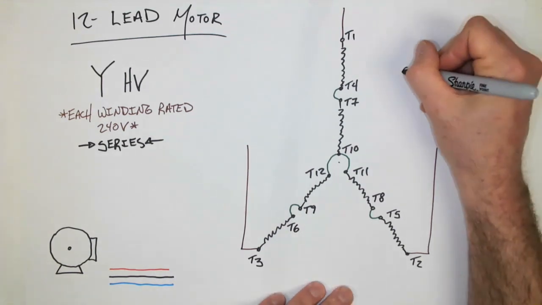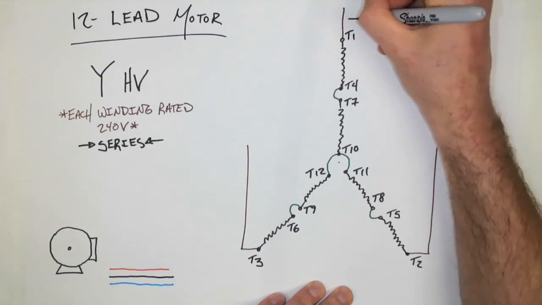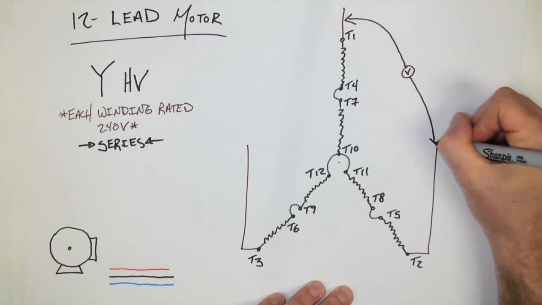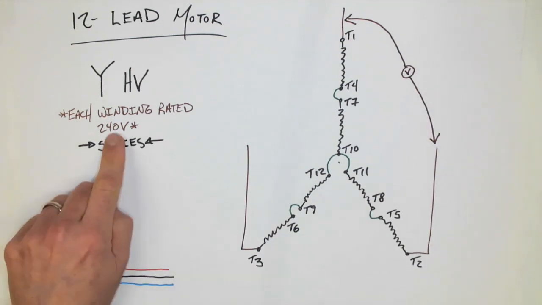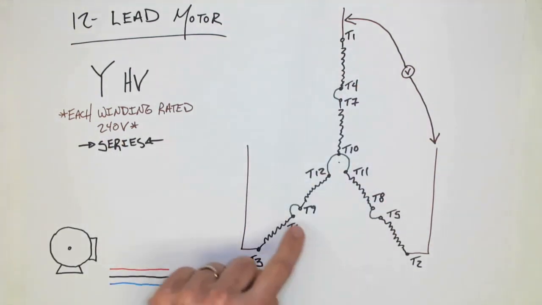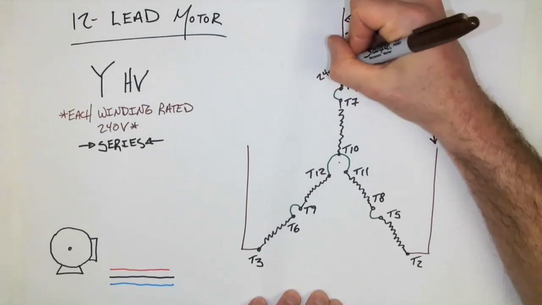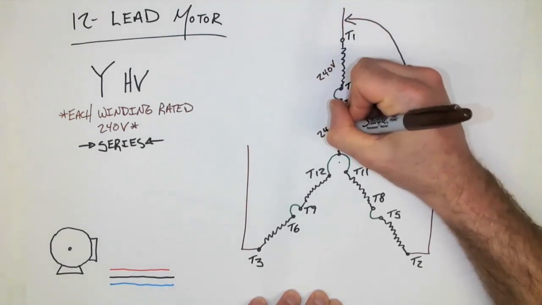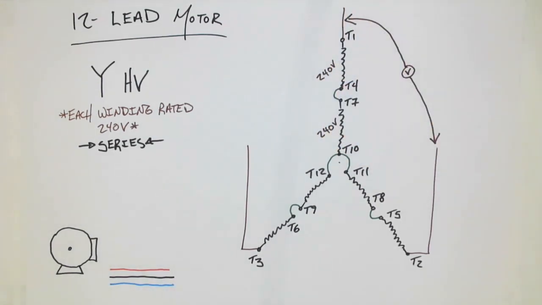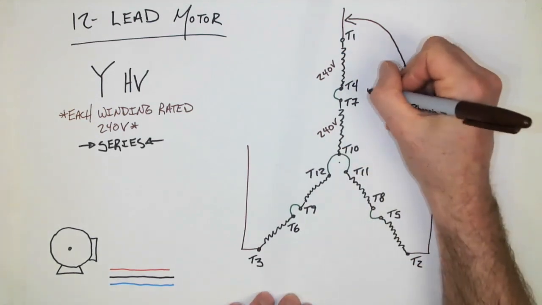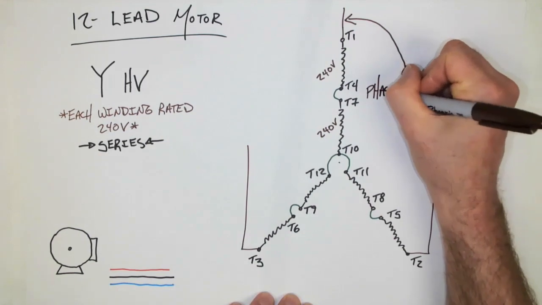What voltage would have to be between these 2 lines with this particular rating and this connection? Well, in this connection, I would require 240 volts to be dropped across each of my windings. That would mean that the total phase voltage required would be 480 volts.